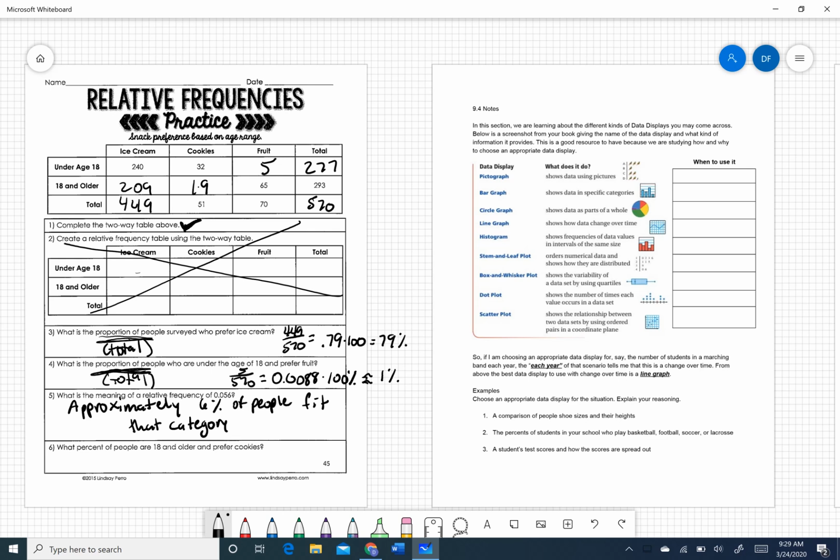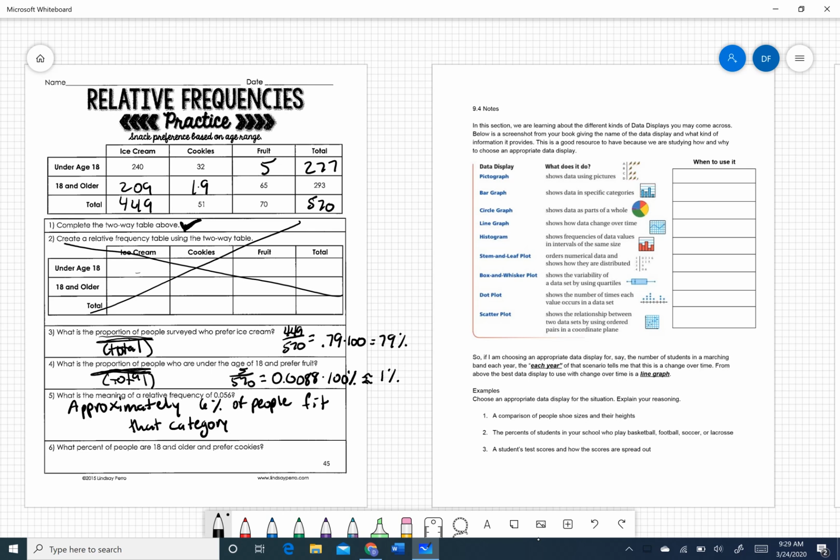I'm just rounding to the nearest percent, or in this case the nearest hundredth, to find my percent. So approximately 6% of people fit into that category.